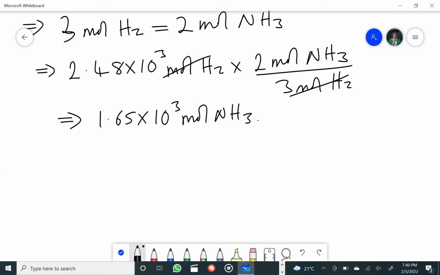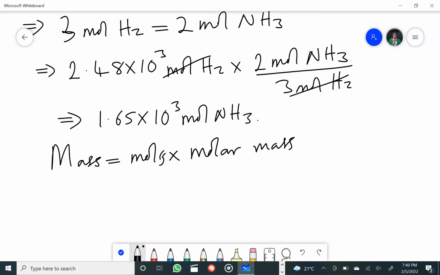Now again, how do we find mass? Mass using moles, we say mass is equal to moles times molar mass. Again, we know the moles, as we found above. We know the molar mass has to be, of course, grams per mole.